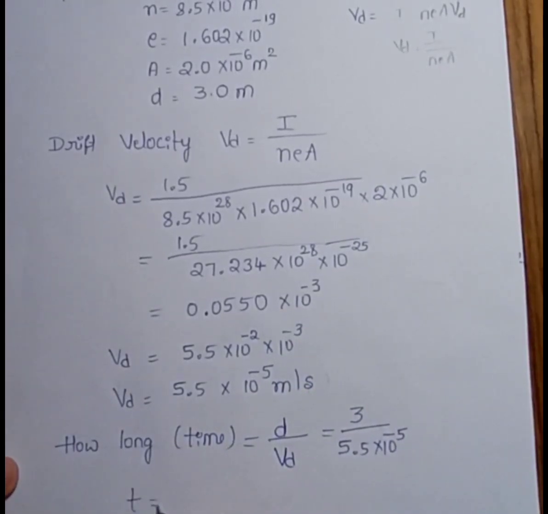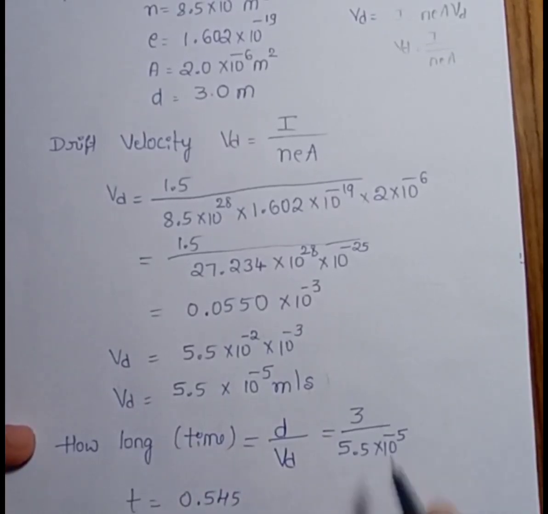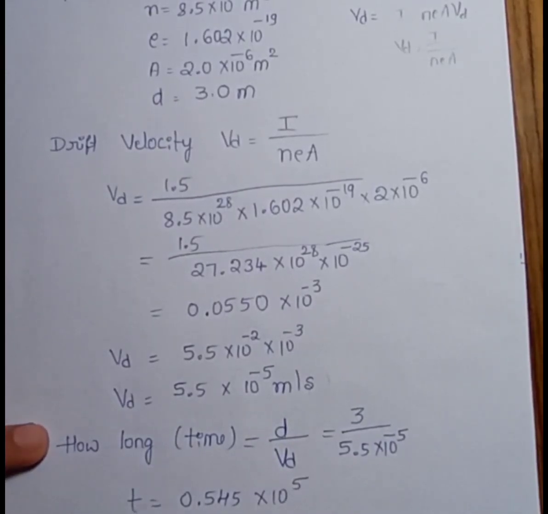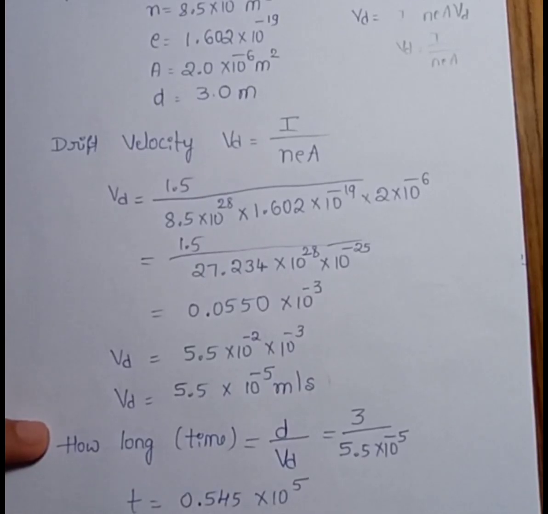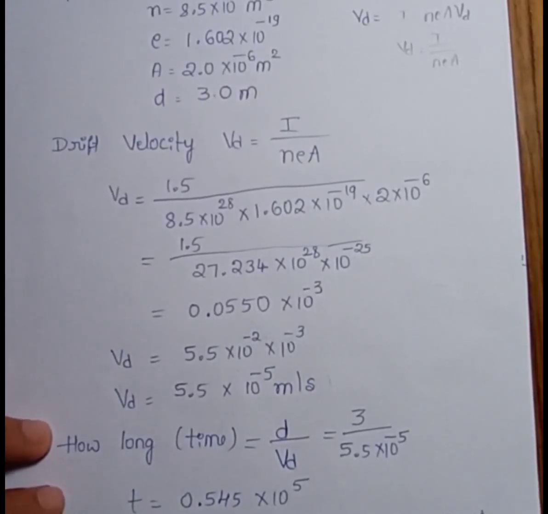Then the value of t is equal to 3 divided by 5.5, which is 0.545 into 10 to the power of plus 5. Just take the decimal point to the right-hand side, and it gives 5.4 into 10 to the power of minus 1 into 10 to the power of 5, which is equal to t equal to 5.4 into 10 to the power of plus 4 seconds.